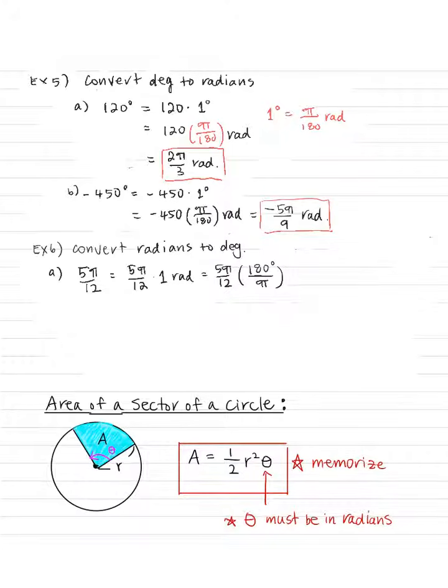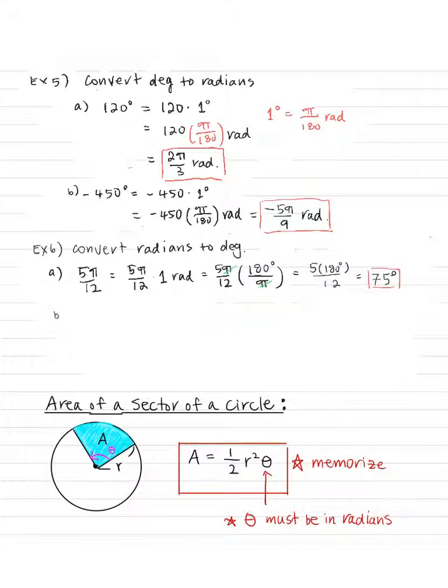Okay, so you can cancel the pi's out. Kill the pi. All right, so then what do we get here? We get 5 times 180 degrees, the whole thing divided by 12, which is 75 degrees. And there you have it. So 75 degrees is the same thing as 5 pi over 12 radians.